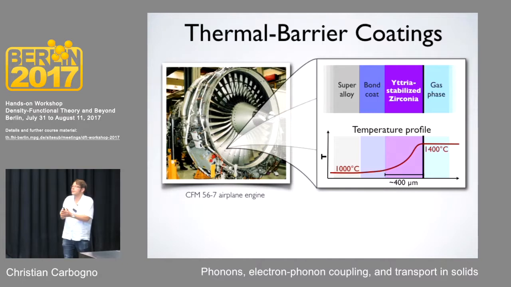And due to the low thermal conductivity, this material insulates the underlying superalloys from the extreme temperatures that are generated during combustion in the gas phase. So 0.5 millimeter almost drops 500 K in temperature. On the one hand, again, this is a lifetime engineering process, so the superalloys are exposed to less temperature, so they have a longer lifetime.